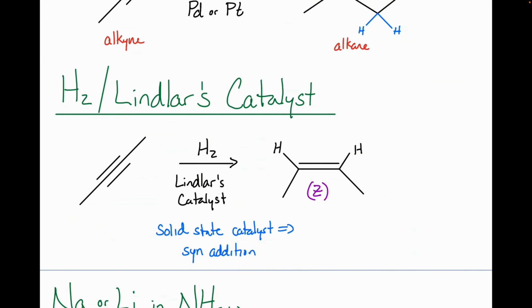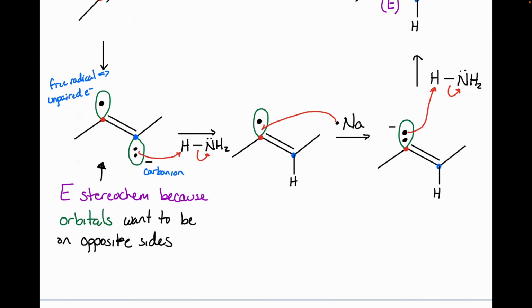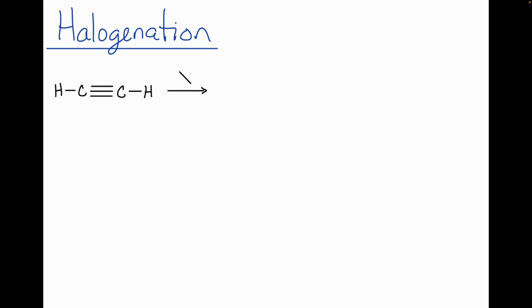So just to use, let's start out with our very simplest alkyne, our ethyne. Now we're going to add our halogen.